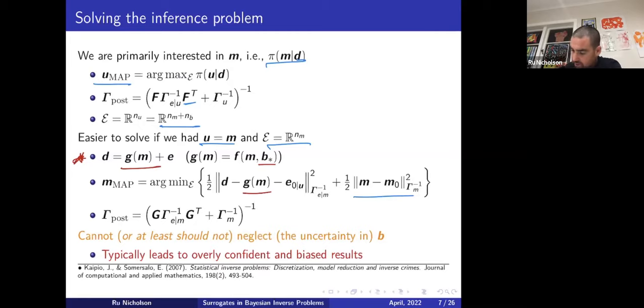And then for the posterior covariance matrix, taking this local Gaussian approximation, the approximate posterior covariance matrix would be in this form, where G is now the Jacobian of the surrogate or approximate model with respect to the parameter of interest.